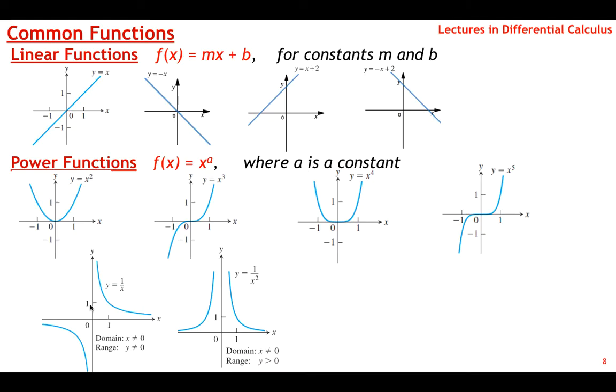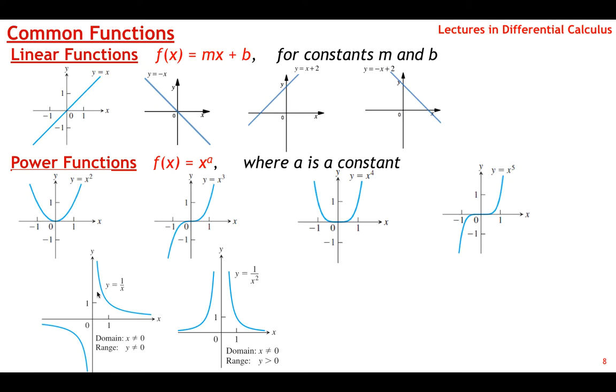In the first case, you see that the domain is all real values of x except x equal to 0. So x not equal to 0 is the domain, because at x equal to 0, the function is not defined. The range is also y not equal to 0.